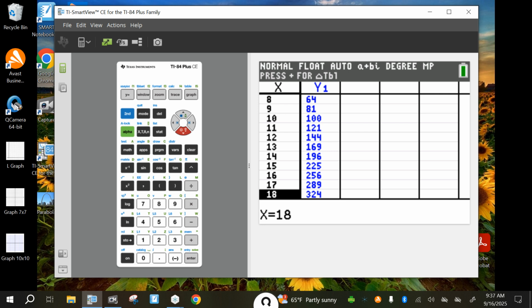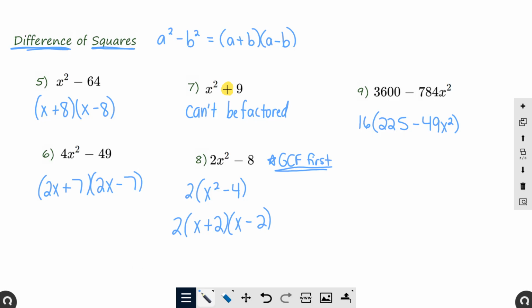Oh, the square root of 225 is 15. It's right there in that box. So 15 makes 225, and what makes 49? 7. Now, when you write this one, you have to write it in the correct spot. 225 is first, so 15 goes first. Plus and minus. And then 7x would go at the end. So don't flip these. Keep them in the same order.